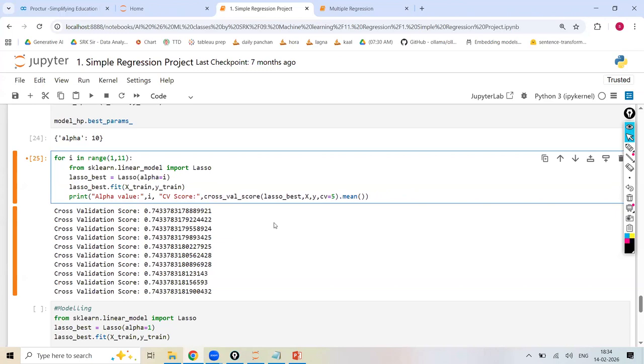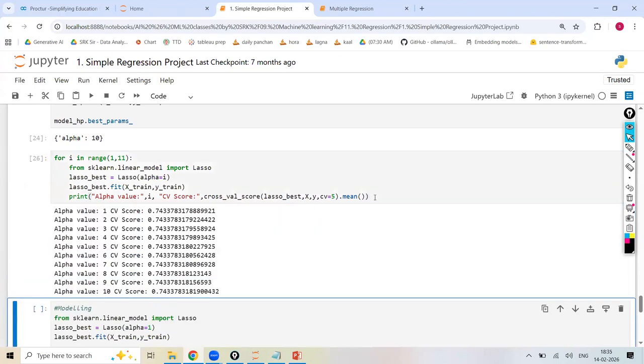For alpha equal to 1, what is the CV? 0.7433. For alpha equal to 3, see, for everything it is the same. Now here is the point.